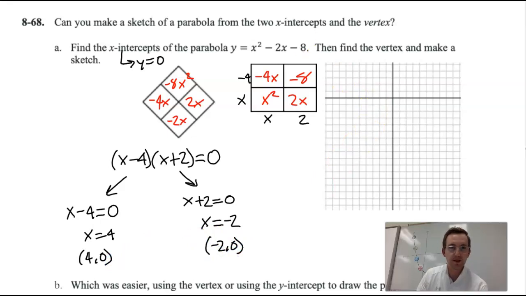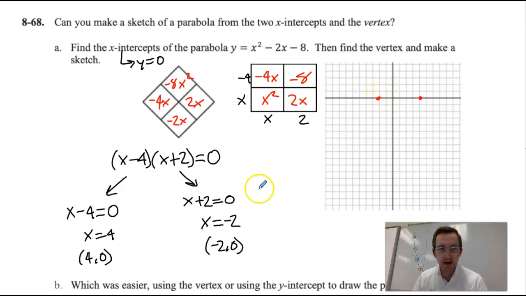So let's plot those 2 points quick. So -2, 0 is right here, 4, 0 is right there. Those are our 2 x-intercepts that we just found by factoring and solving the 2 things equal to 0. And if we think about where the vertex is, remember, like we talked about, the vertex is halfway in between our x-intercepts.